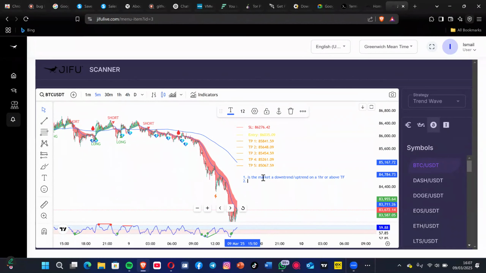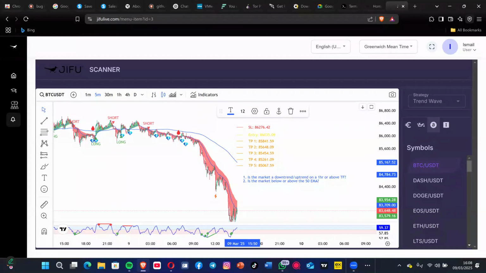So you want to ask yourself, is the price below or above the 50 EMA? That's the second question you want to ask yourself. Hope you're understanding. You're enjoying this, right? That's the second question.